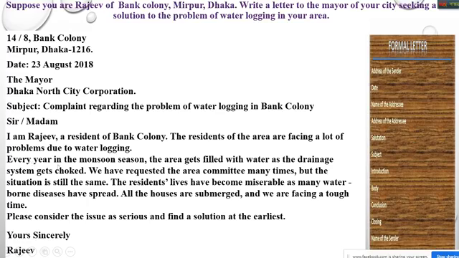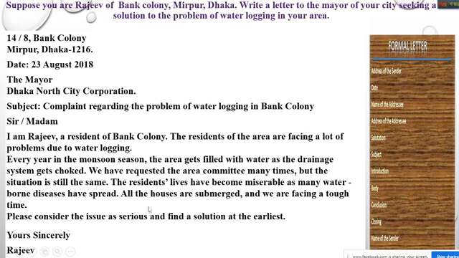Every year in the monsoon season, the area gets filled with water as the drainage system gets choked. We have requested the area committee many times, but the situation is still the same. The residents' lives have become miserable as many waterborne diseases have spread.